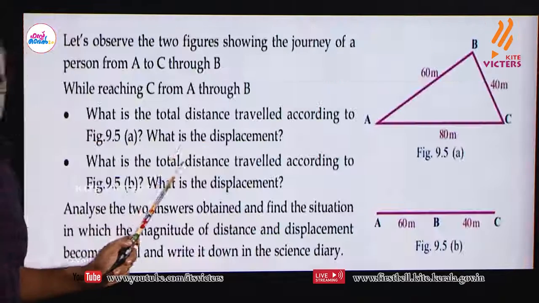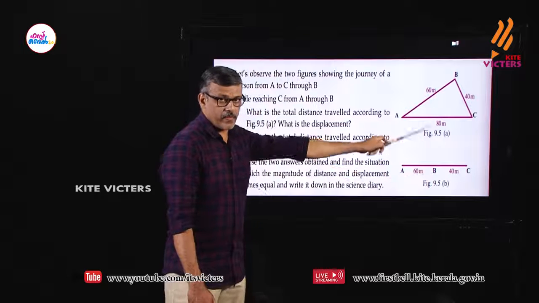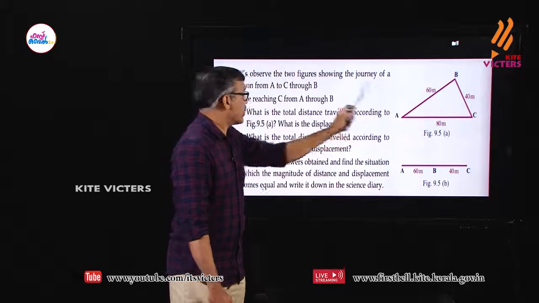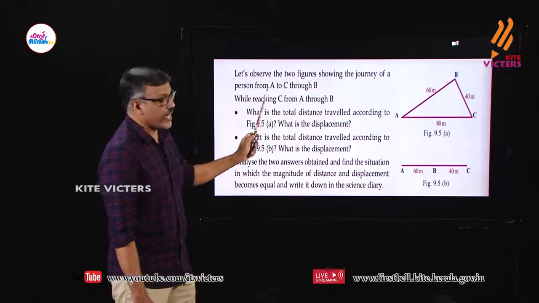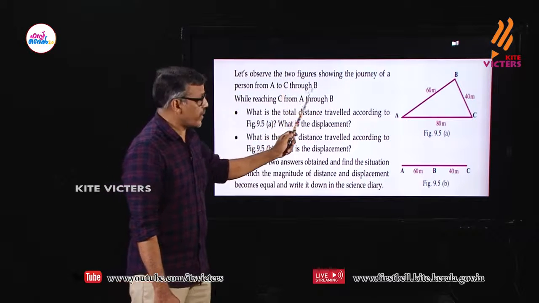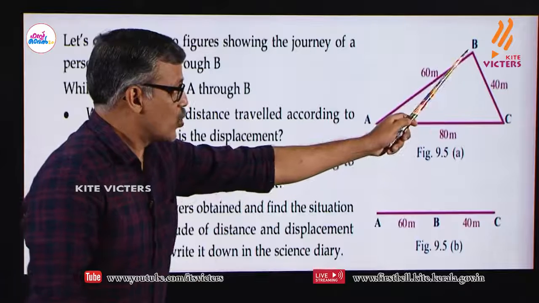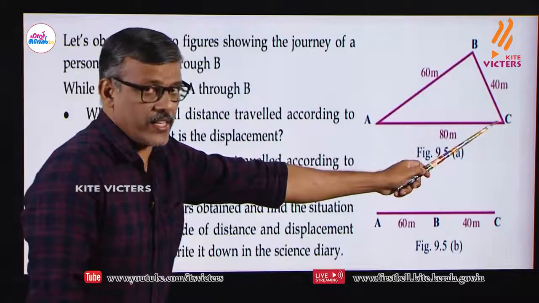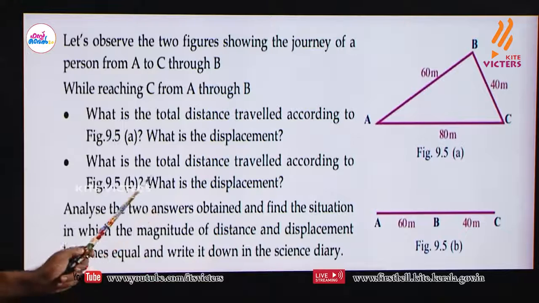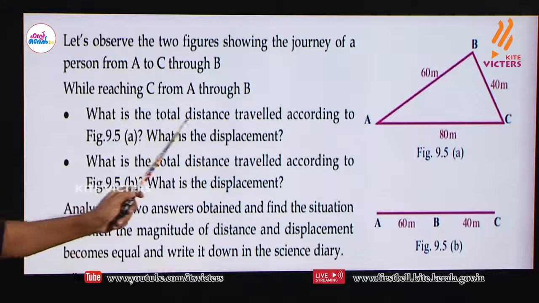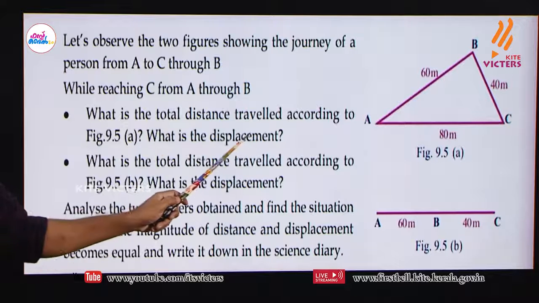Next question. There are two figures, figure A and figure B. The two figures show the journey of a person from A to C through B. Now, the questions are, first, what is the total distance travelled according to the first figure and what is the displacement?